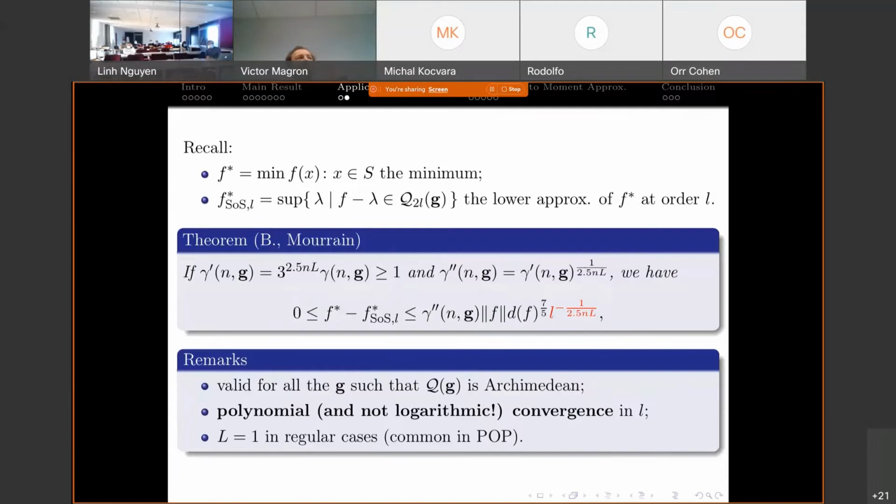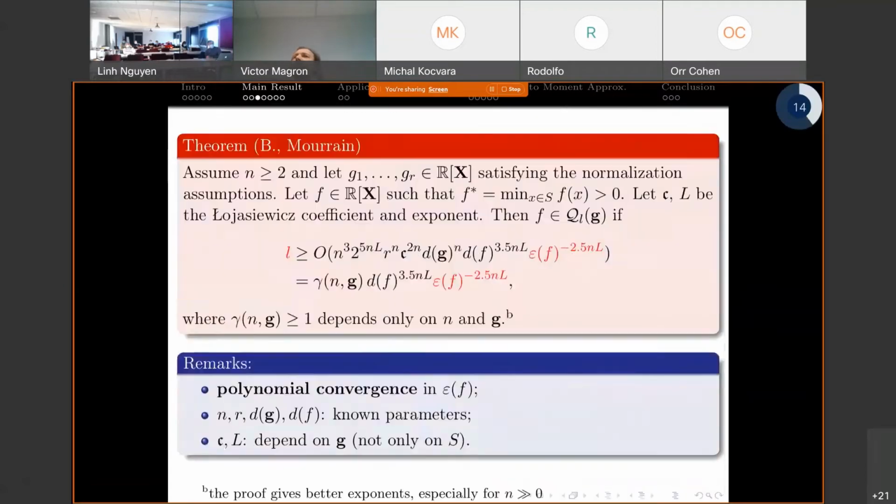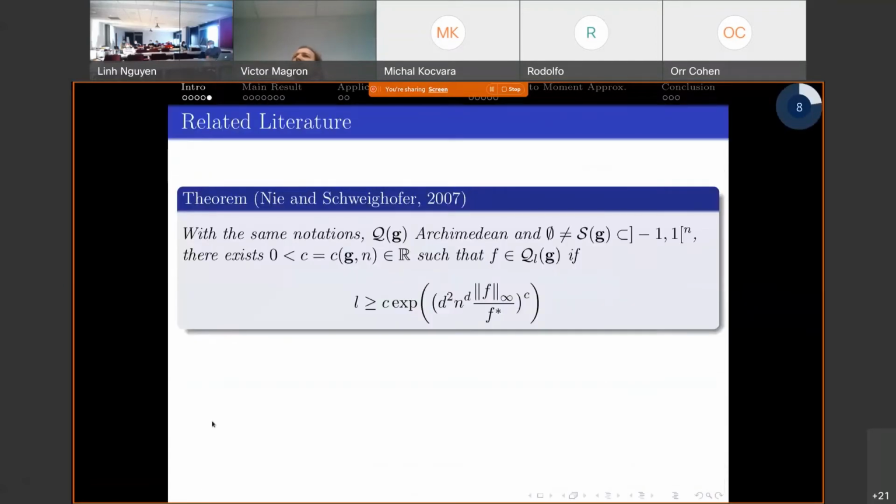Because if you use Nie–Schweighofer, how is the dependency in n on the right-hand side here? Nie–Schweighofer is here, and I think that there is e to the n to the power d, which is very bad already. But I think also there is an n hidden here in this c. I may be wrong. It is exponential in n here.